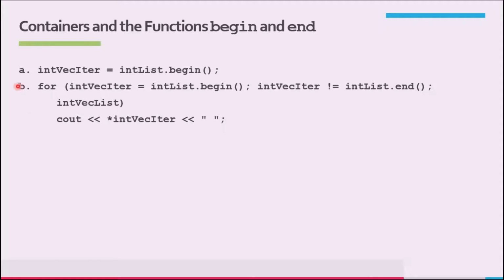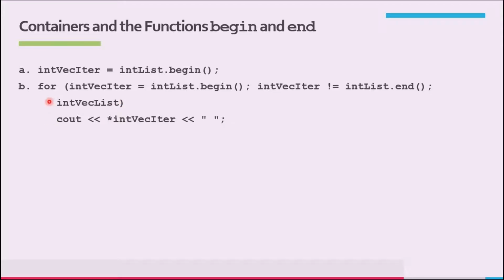Now referring to this example, say intVecIter = intList.begin(); so the iterator intVecIter points to the first element in the container intList. Now the following statement, using a for loop, uses an iterator to output the elements of intList onto the standard output device.